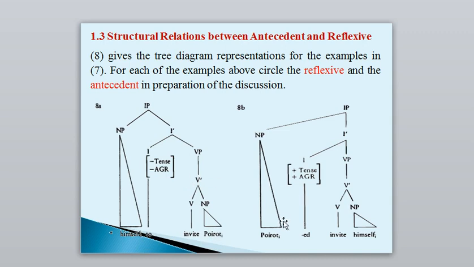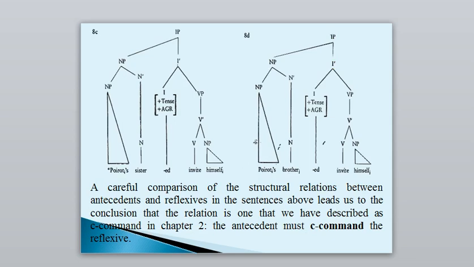And another example, Poirot invited himself. This is okay because Poirot is before himself and can be the antecedent of himself, and himself as a reflexive can come back to this antecedent. So this is ungrammatical, but this is grammatical and there is no problem. To another example, Poirot's sister invited himself.